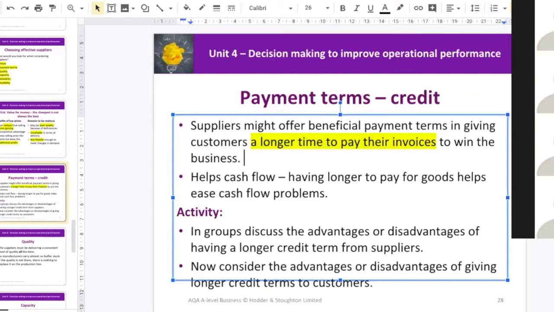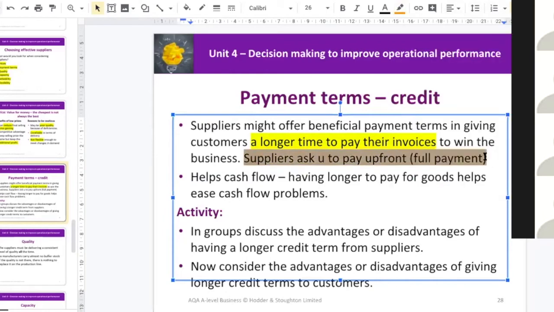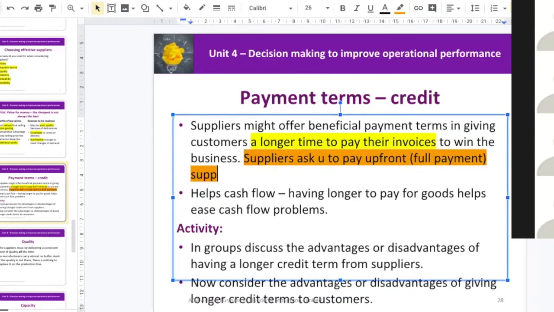For example, suppliers ask you to pay upfront. So that's the full payment. So they give you no payment terms, but other suppliers might offer you 3-month delayed payment.